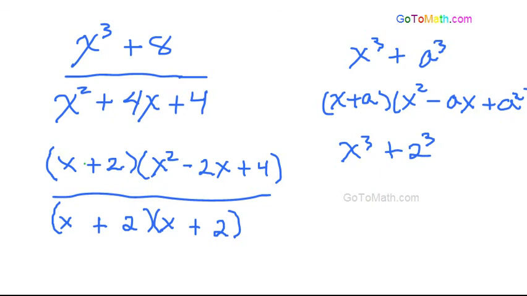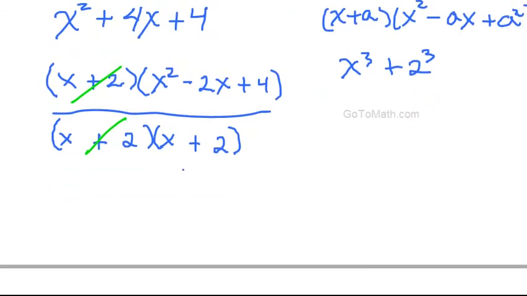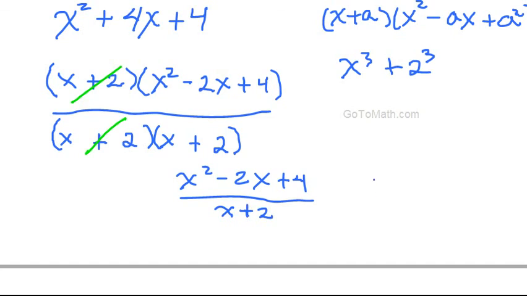Alright, well, we can see here now what needs to be canceled out, and that's what we're left with. So it looks like x squared minus 2x plus 4 over x plus 2 is what we're looking at.